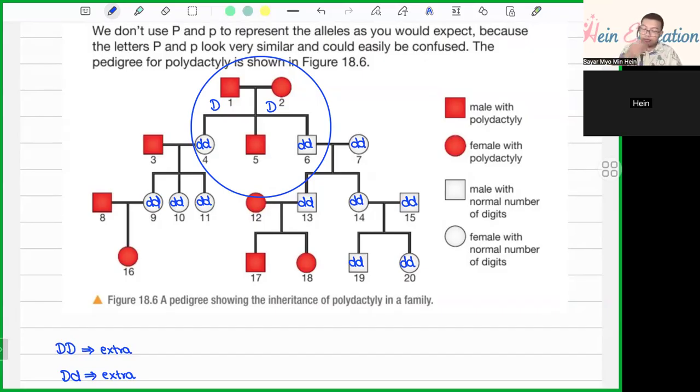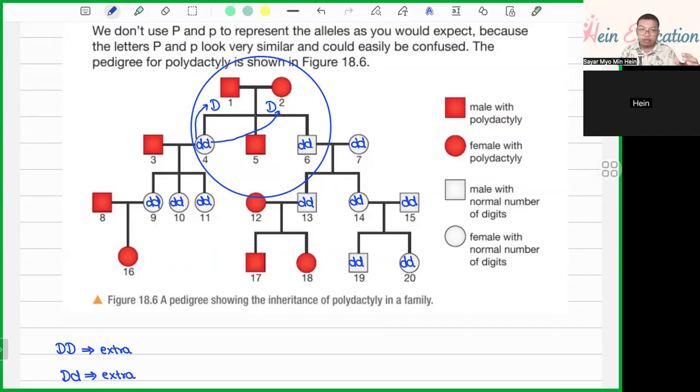One small d has to come from the father and another small d from the mother. So individuals 1 and 2 cannot be homozygous, right? Because if they were homozygous, all the offspring produced would have extra digits. You get my point, right?